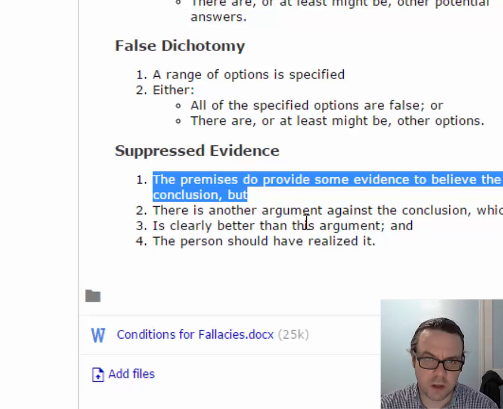So there's another argument that defeats my conclusion. Even though I have an argument for my conclusion, there's this other argument which I should have realized, or I'm intentionally leaving it out.